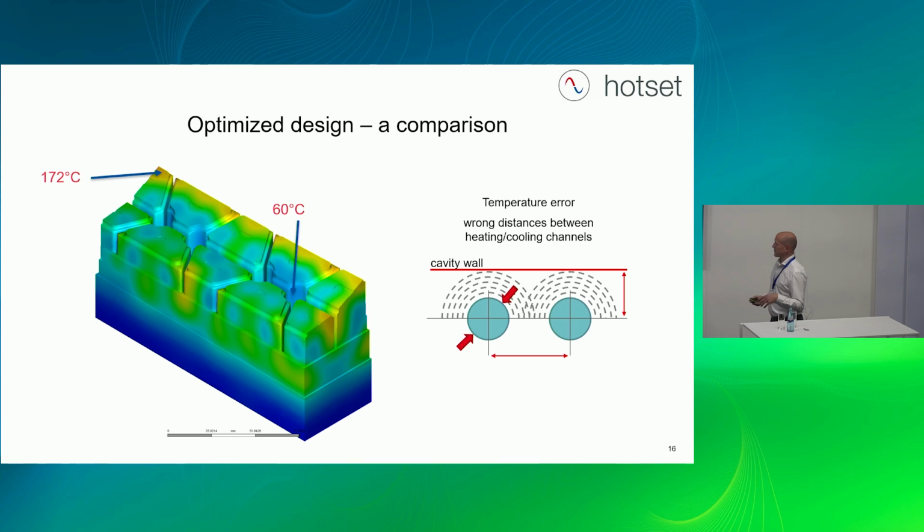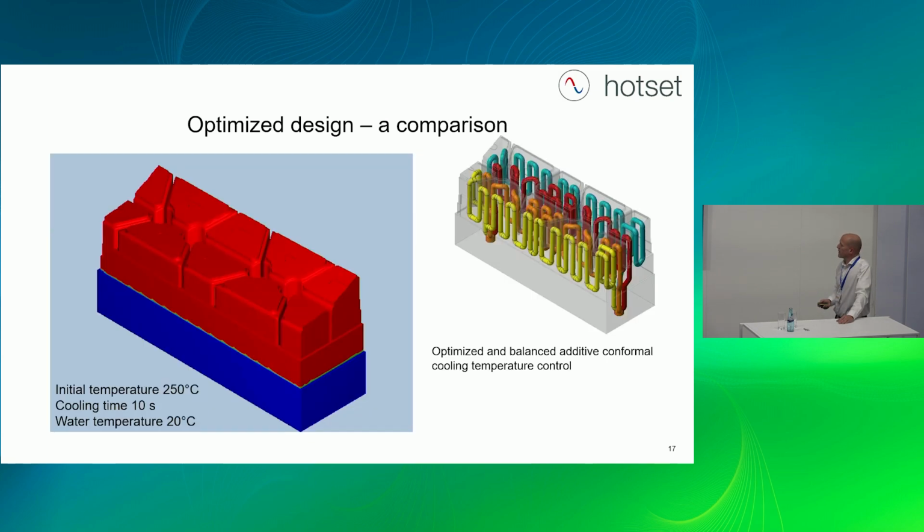This is an example for heating and cooling processes, because the energy transfer is absolutely the same. Now we're using an insert where we take care and balance the temperature by using an optimized temperature system, and the cooling temperature control is much, much higher.